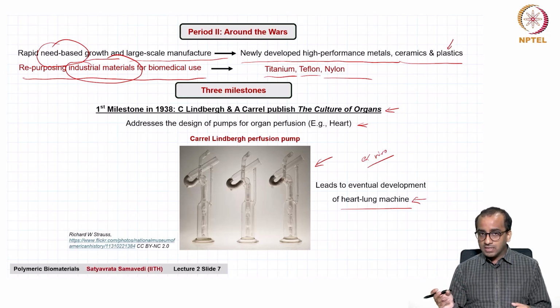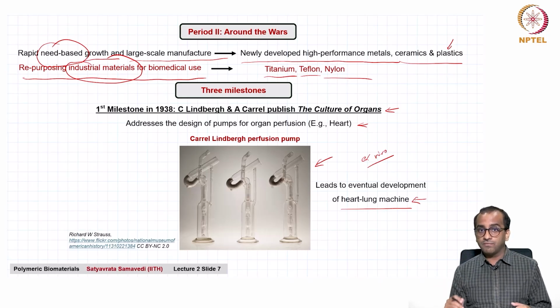The heart itself beating can interfere with how the surgeon operates on the heart. So, the heart-lung machine temporarily takes over the function of the heart so that the surgeon can operate comfortably. And these developments that we have today, of course, are far more technologically advanced than the Carroll-Lindbergh perfusion pump, but the idea was seeded in 1938.